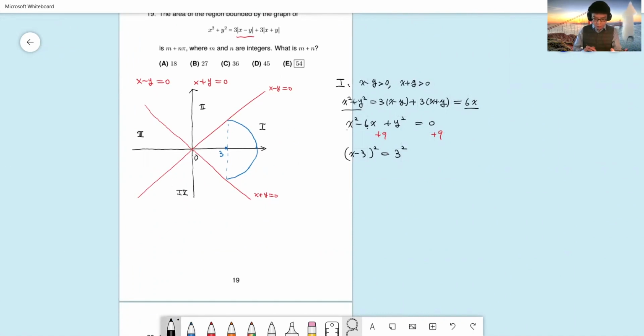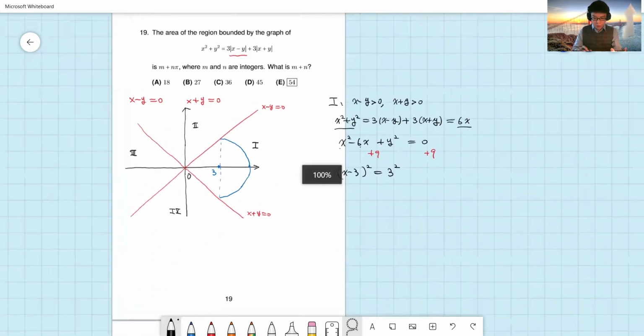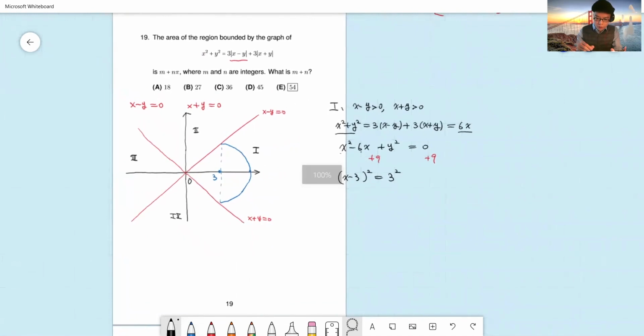Here we have a better way, because this formula is very symmetric. If I change x to y and y to x, the equation is the same. So y squared plus x squared equals 3 times the absolute value of y minus x plus 3 times the absolute value of y plus x. This is equivalent to the original formula.